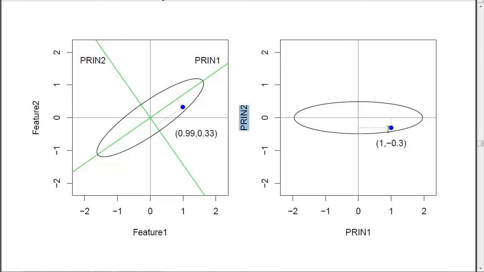The scores of the principal components give the coordinates on the PCA axes. This value now is at value 1 along principal component 1, and value negative 1.3 for the second principal component. The lines that I've drawn on the left plot are the same as the lines in the right plot. We're looking at it oriented into the new axes.